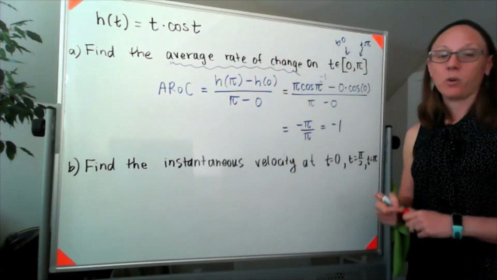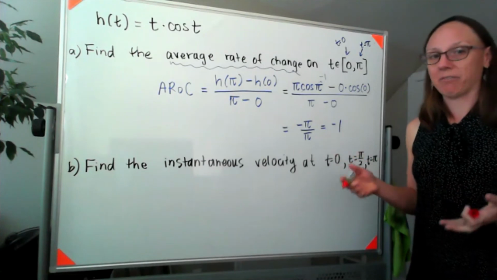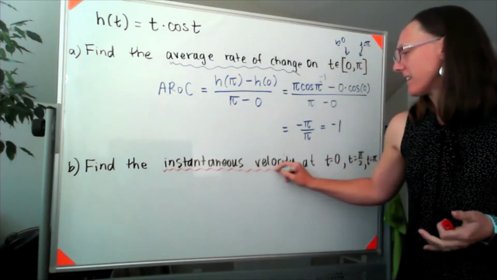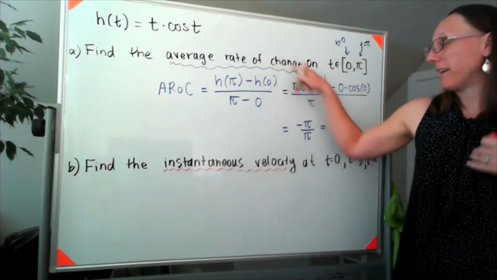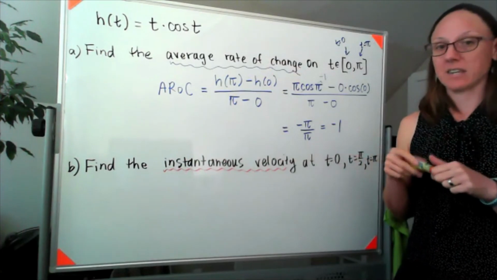Well, this time we're not looking for the average rate of change or the average velocity. Here, I've asked for the instantaneous velocity, and I swapped out rate of change for velocity. Those two terms are interchangeable for us in 16A.